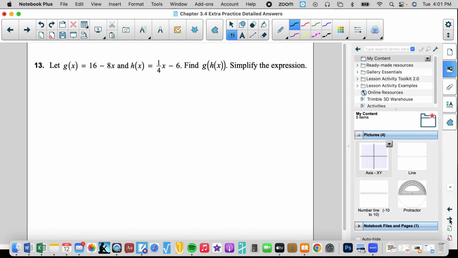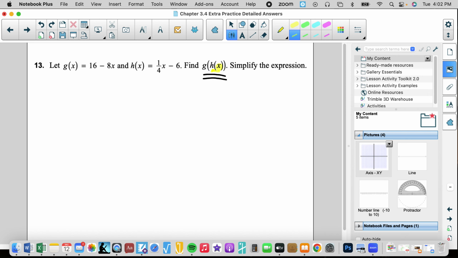Number 13, last one. Let g of x equal 16 minus 8x and h of x equal 1/4 x minus 6. Find g of h of x. Here's the fun part. So x is the input of the function h.